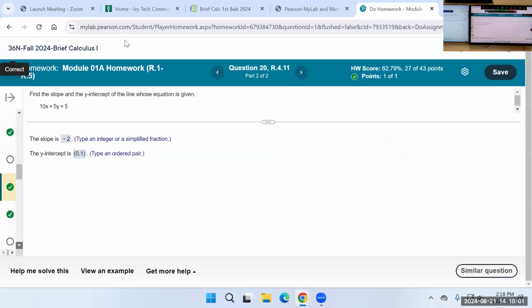Find the slope and y-intercept of the line given. It's just a nice elementary algebra question here. So we have 10x plus 5y equals 5. Well, I know that y equals mx plus b, and m is slope, and b is the y-intercept. But they gave me the line in the general form.